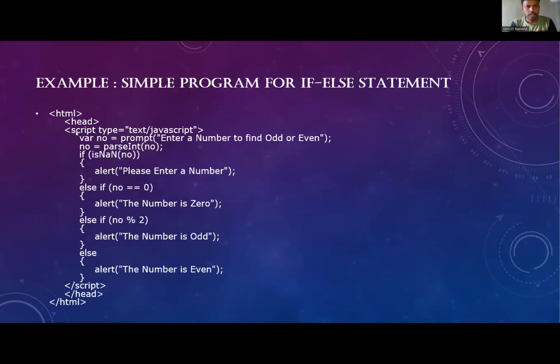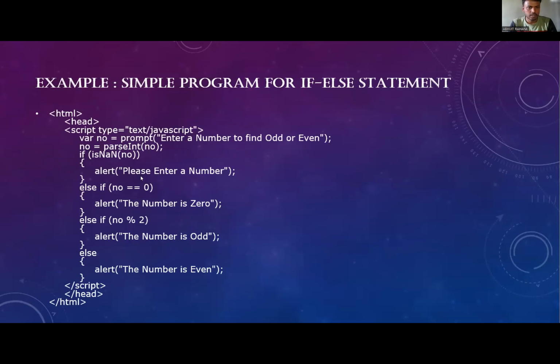We can use a variable and take a number. It will convert it into an integer, and if it is not a number, it gives 0. If the user enters other keys like A, B, C, D, then it will check the condition.